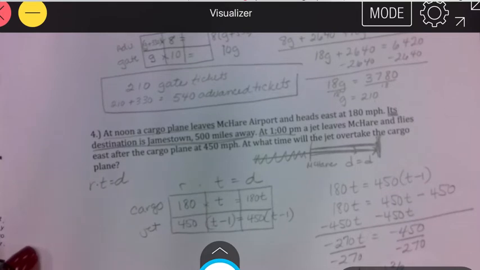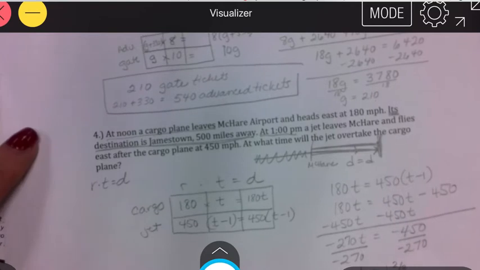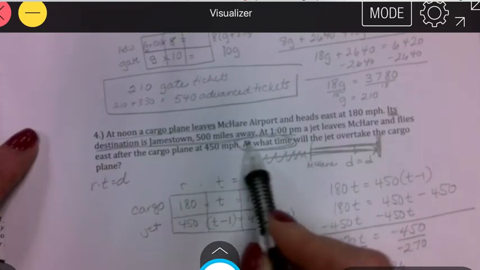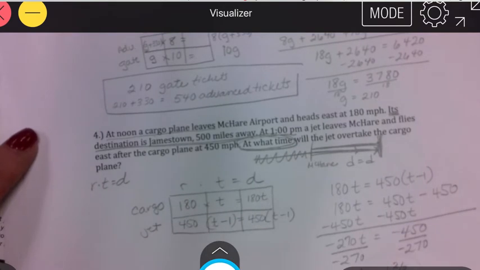Now t represents hours. It's amount of time up in the air. So this does not give us our answer because up here it's asked what time, not how long, what time.